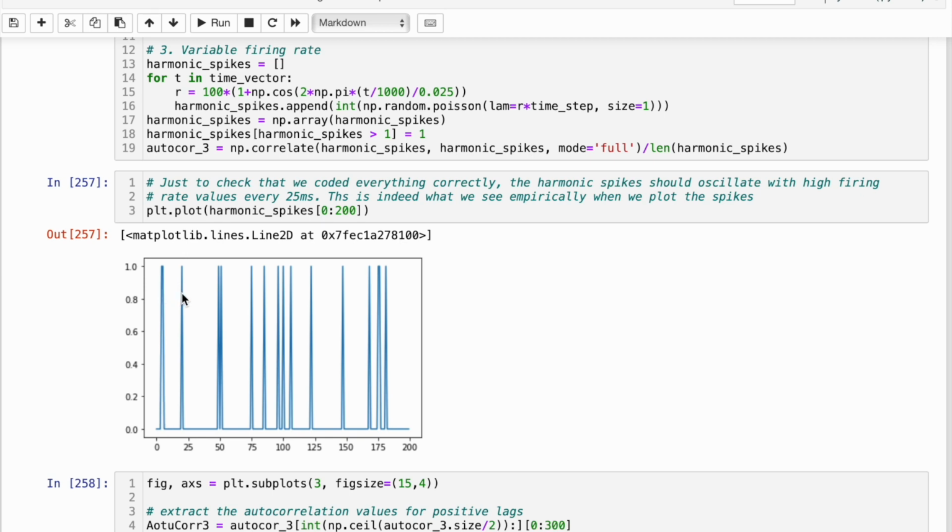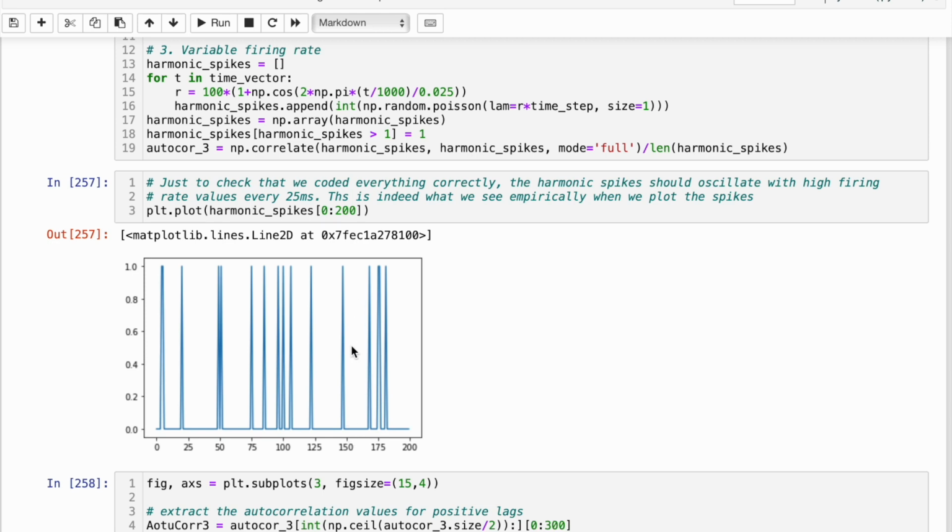So the firing rate is going up, and it's going down, and it's going up, and then down, and so on. It's not an exact match, but it's not supposed to be. It works for the most part.